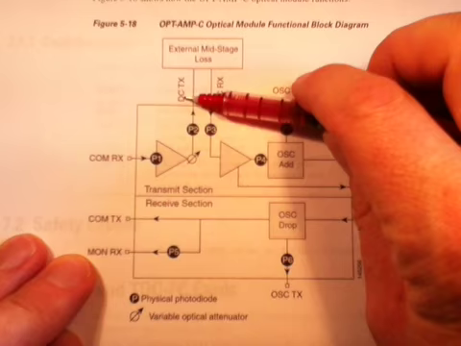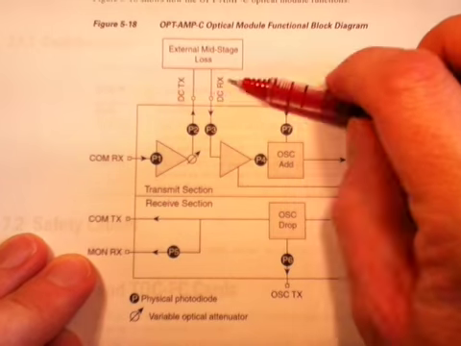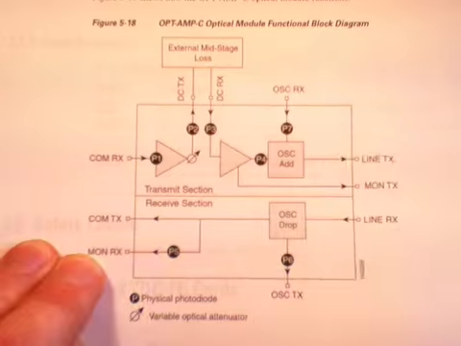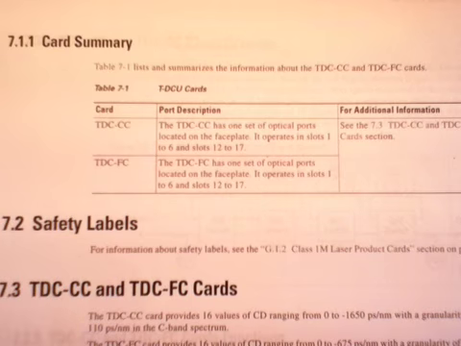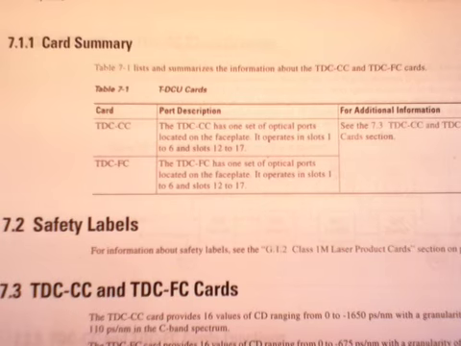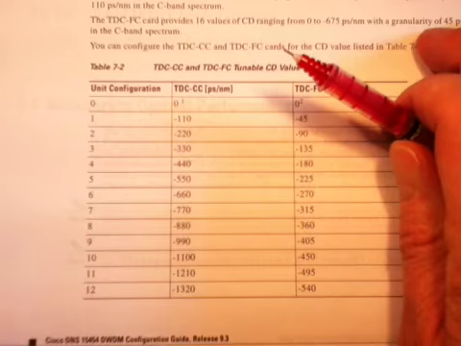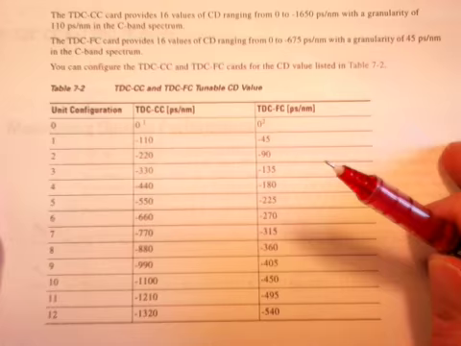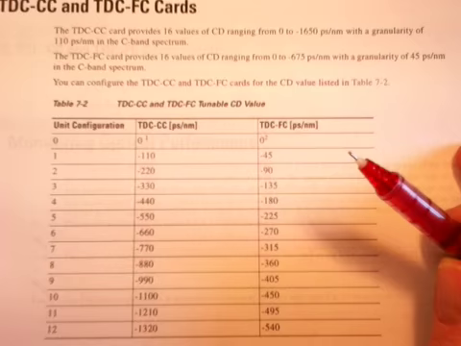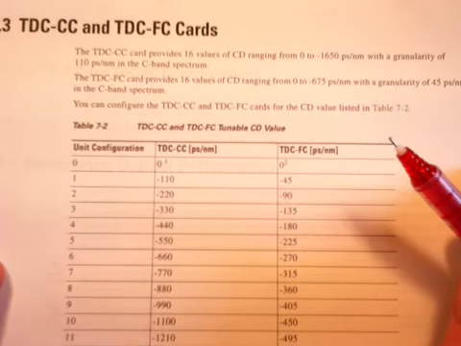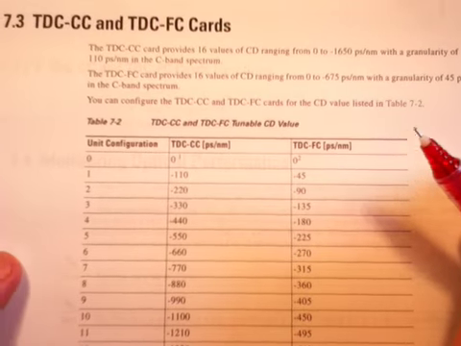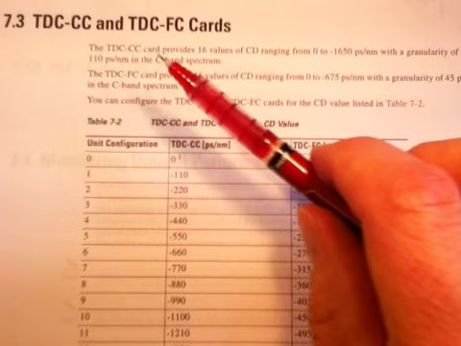And that's why this is called DC transmit and DC receive. DC for dispersion compensation. So there's where these cards fit in. And there are two cards available. And these are tunable dispersion compensators.